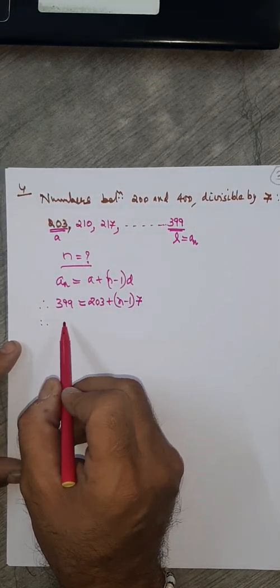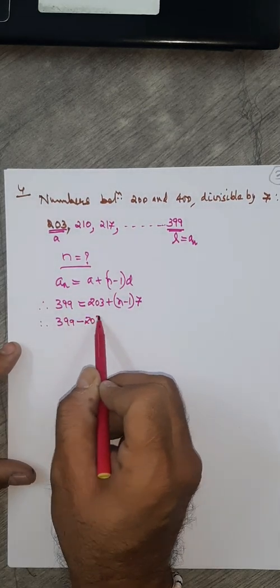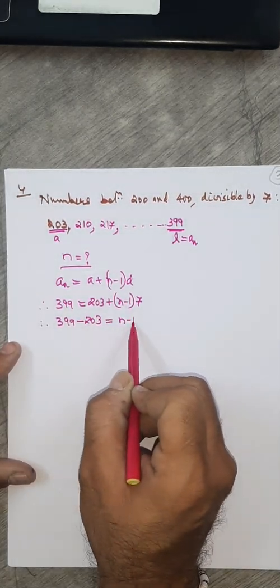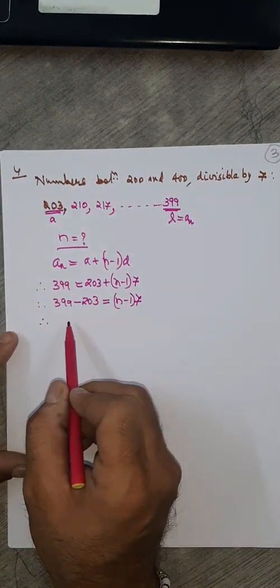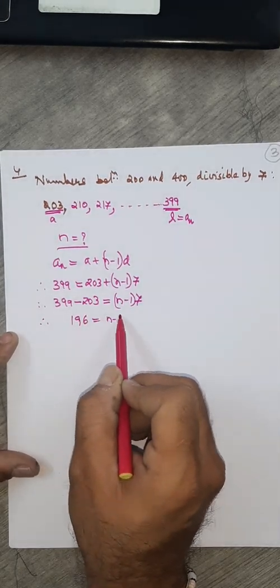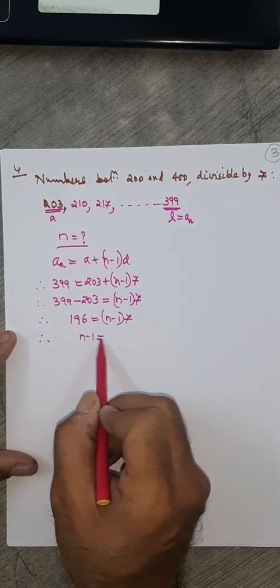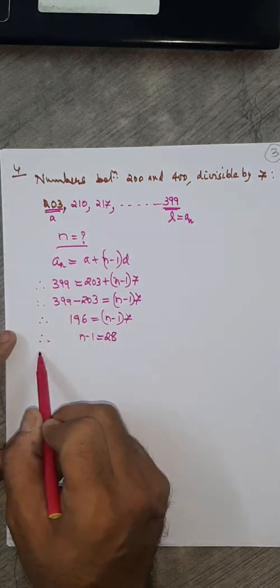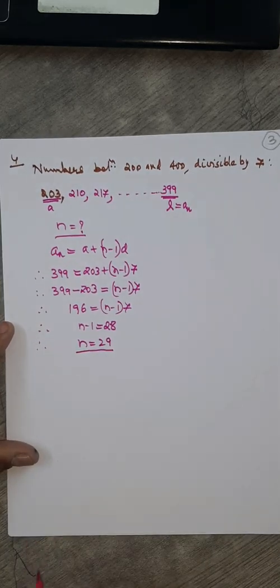Here you will get 399 minus 203 equals (n minus 1) into 7. So we'll get 196 equals (n minus 1) into 7. And therefore n minus 1 equals 28, dividing by 7. So n equals 29. So there are 29 terms between 200 and 400 which are divisible by 7.